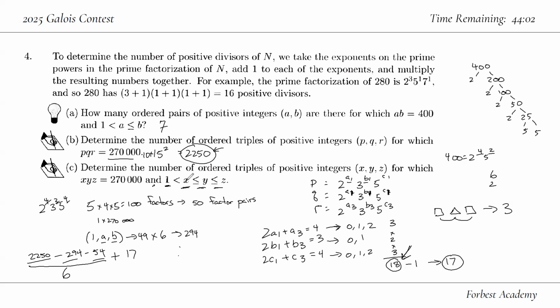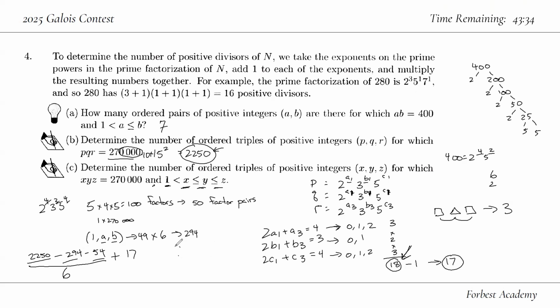And notice x, y, and z can never be all equal. It's only 2 at most that are equal, because 270,000 is not a cube, okay? Because 27 is a cube, but 10,000 is not a perfect cube. So this whole number is not a perfect cube. So our answer is therefore going to be this.